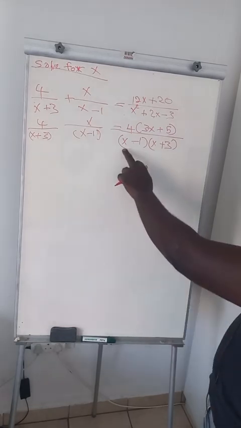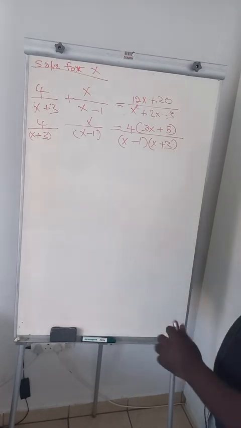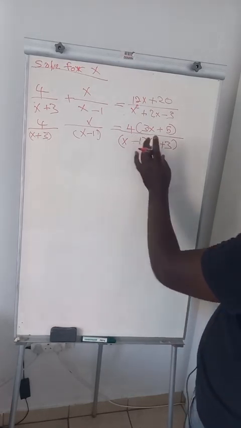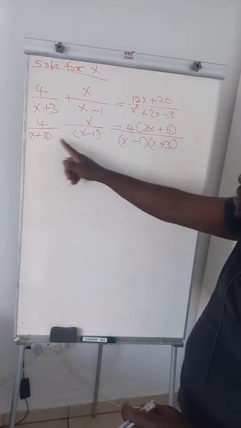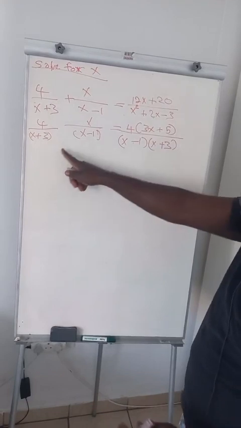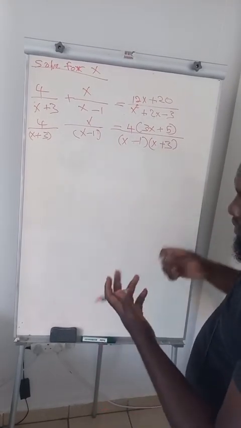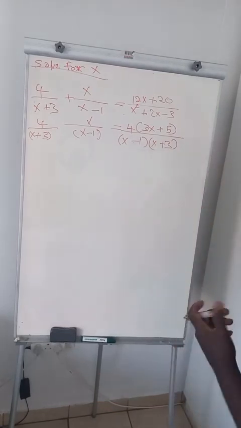If you check here, you can see that there is x minus 1 and also x plus 3. I don't know if you want me to multiply the whole equation, or do it one by one. Okay, let me just do it in that way. It will be more clear if I do it that way.